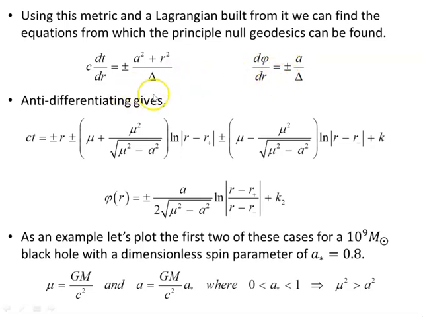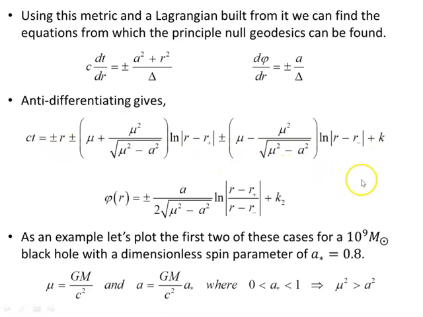But anyway, by anti-differentiating these gave us these geodesics here. These trajectories that specify the geodesics were found in videos numbers 14, 15, and 16 of this series. The plus here is the outgoing geodesic, and the minus is the ingoing.